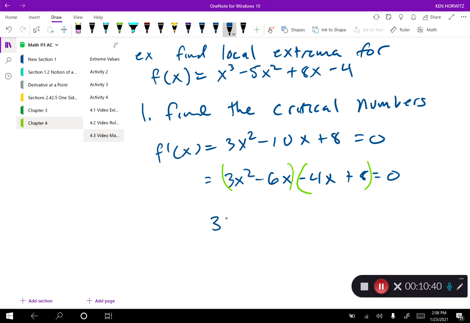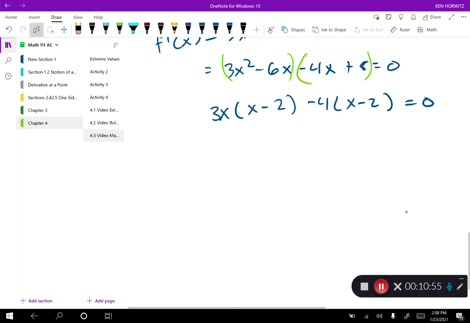So I have 3x on the outside, and I'm left with x minus 2. And then I'm going to take a negative 4 out, and I'm left with x minus 2. So then I have (3x minus 4)(x minus 2) equals 0.